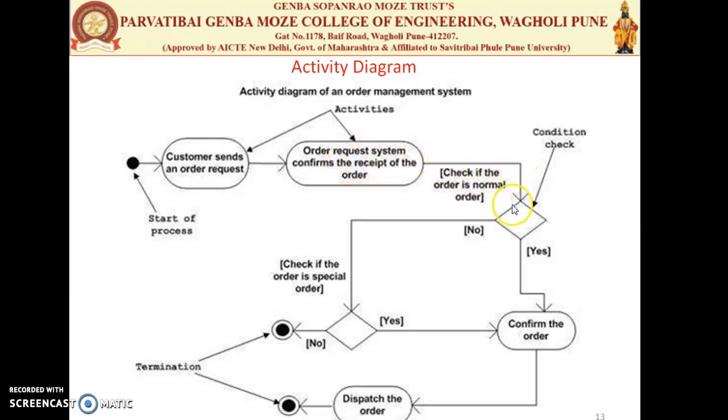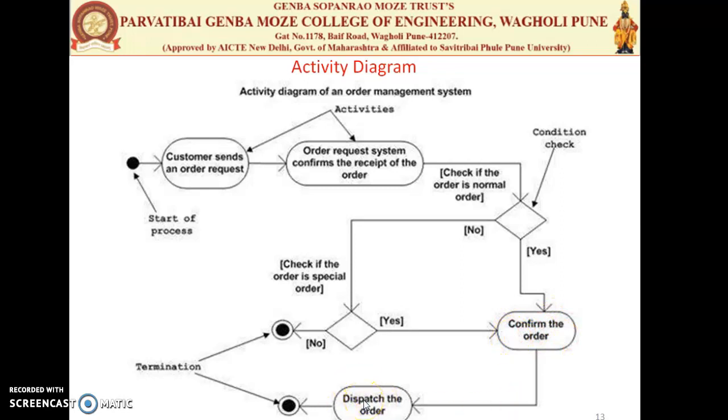Next, if the order is available, then we can directly confirm the order and dispatch it. But if the order is not available, suppose some special items are ordered, we have to check for those special items. If they are not available, we go to the end step. If they are available, we confirm the order and dispatch.